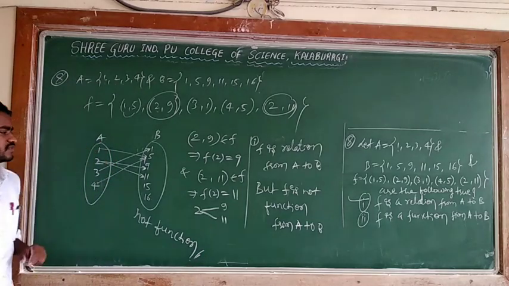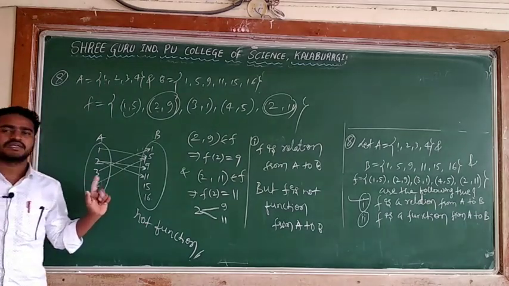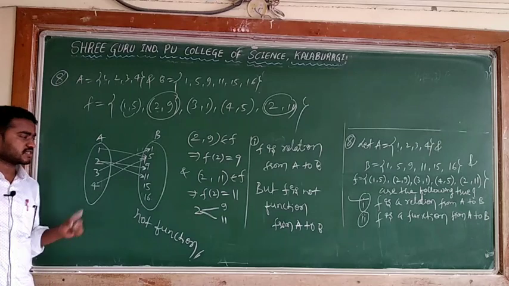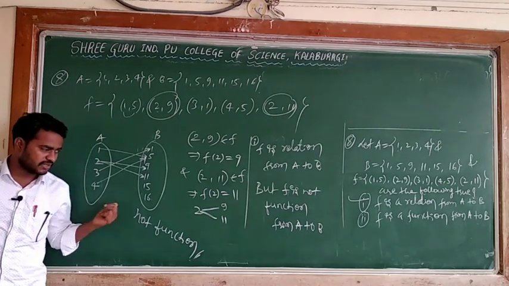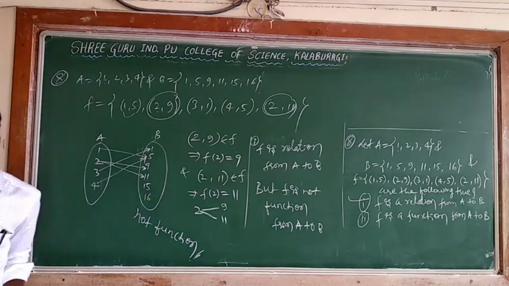Whenever 2 has two images, it is not a function, it is a relation. For a relation there is no condition. If you want to say function, we need a condition: every element of the domain has a unique image. So the first is true, the second is false.